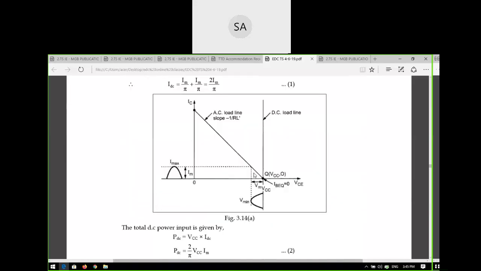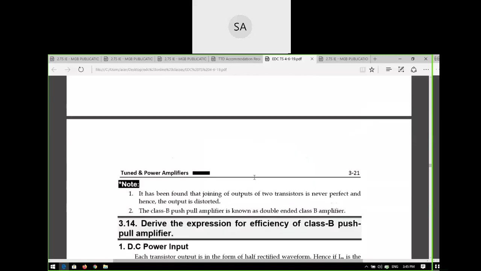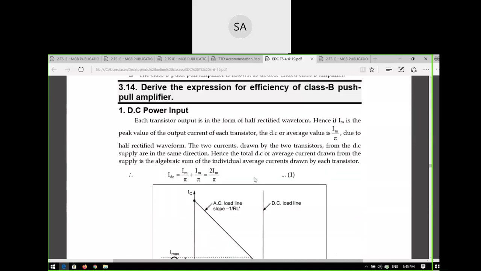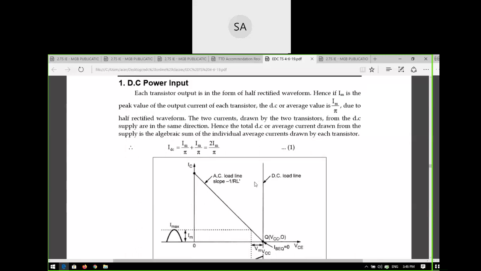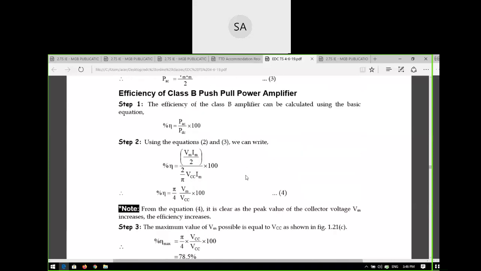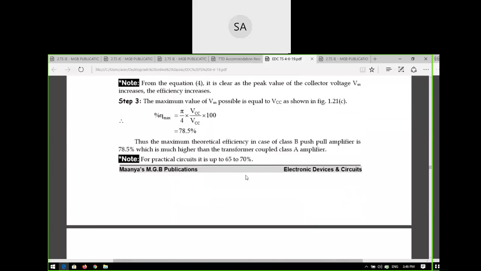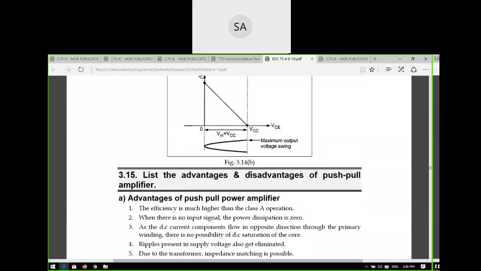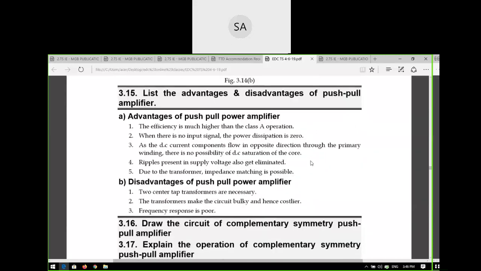You will see the crossover distortion in detail in the class B complementary symmetry push-pull power amplifier. The efficiency of the class B push-pull amplifier is about 78.5 percent. It is much greater than that of the class A power amplifier. So up to here, those are the advantages.